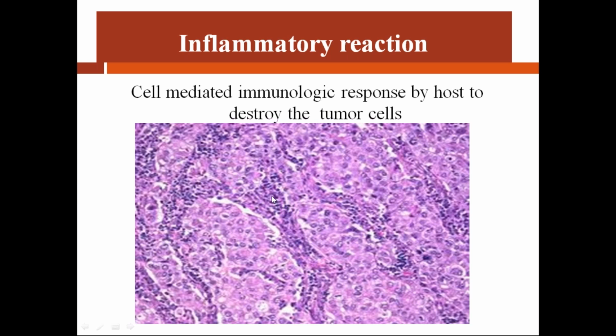If you're seeing all these purple dots, all these are the lymphocytes. They are cytotoxic CD8 T lymphocytes surrounding all these tumor islands. These purple dots are the nucleus of that lymphocyte. You all know the lymphocyte has a very scant cytoplasm and the whole of the cell is occupied by the nucleus.